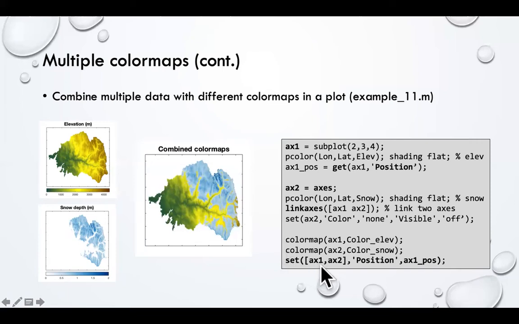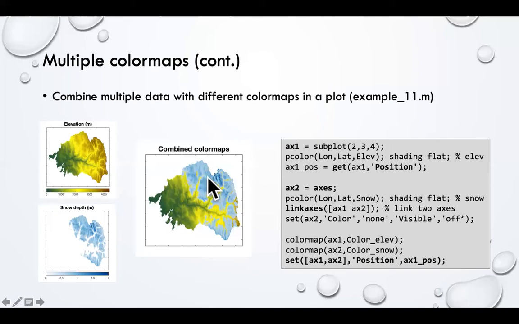So I set the first figure as elevation and the second plot, which is snow, in the same position. You just specify the first position. So in the figure, you don't see the snow depth showing in the background. What you exactly see is only one figure, and the second snapshot was something like this. So for this kind of thing, you can add more.